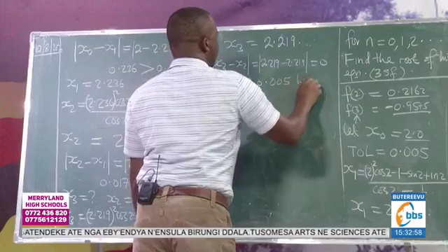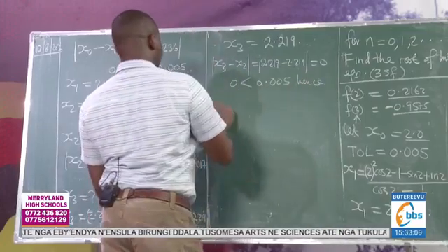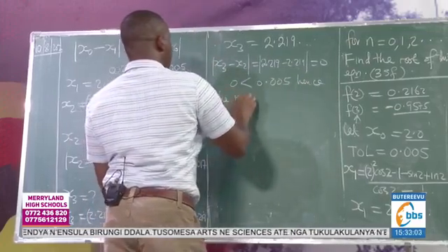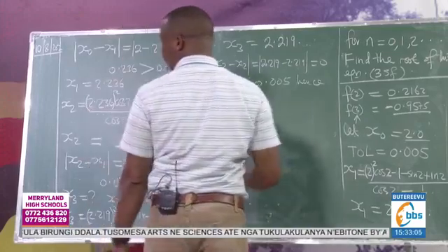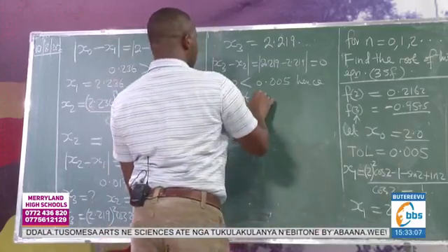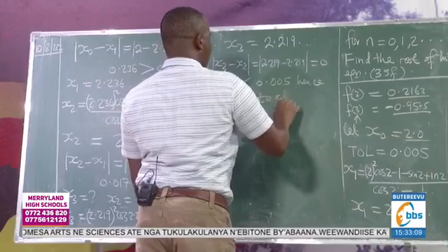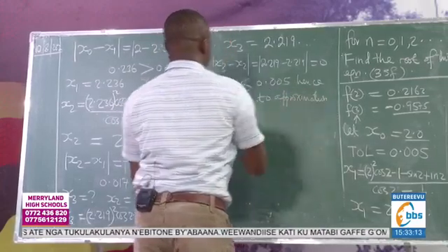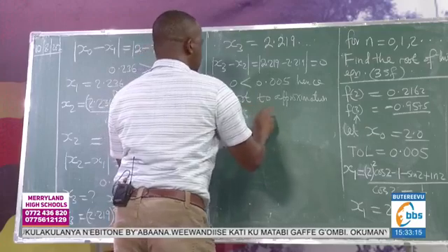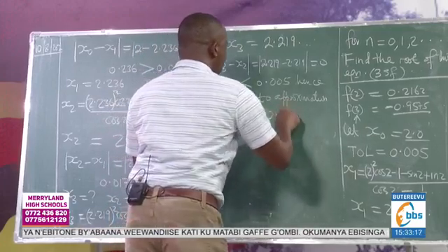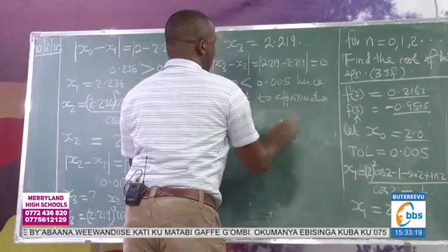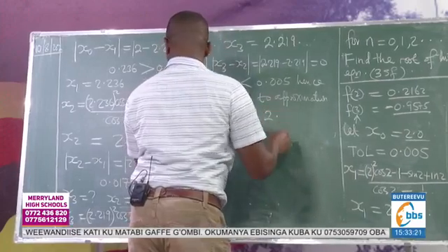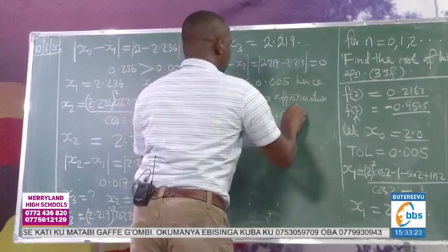And hence, we conclude that the root to the approximation of the function is 2.219.